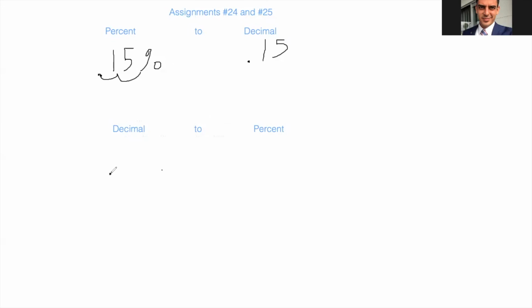Then you're going to have, let's say 1.12. Then you would move it, instead of going to the left 2 times, you're going to the right. So it's once, twice. And that will be 112%. And there you go.